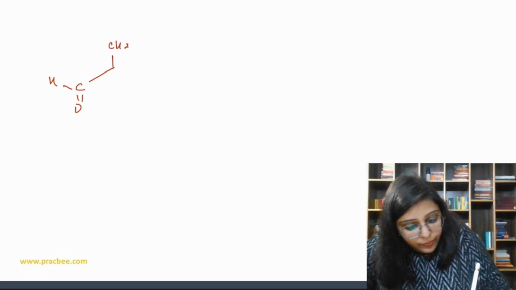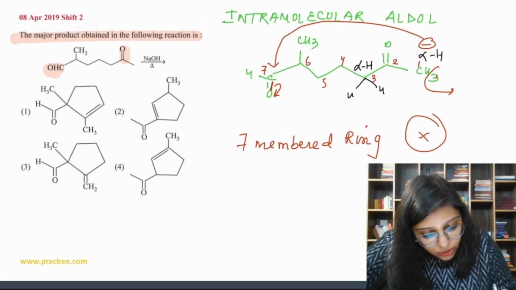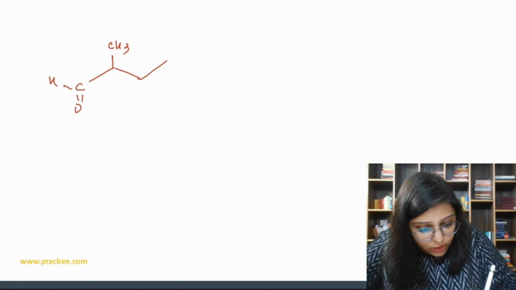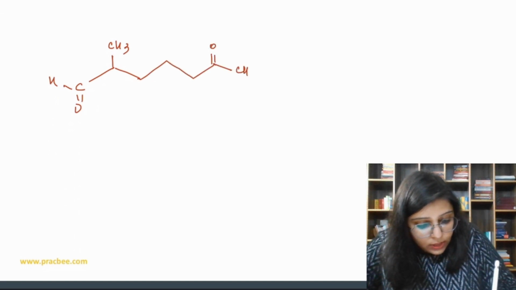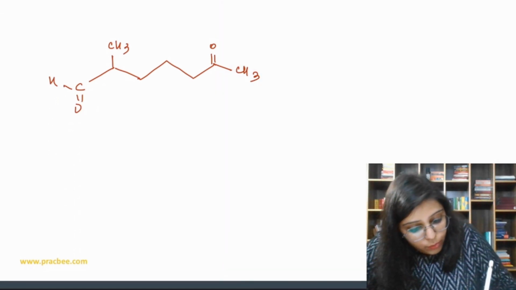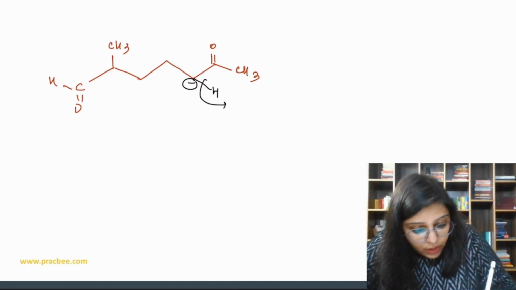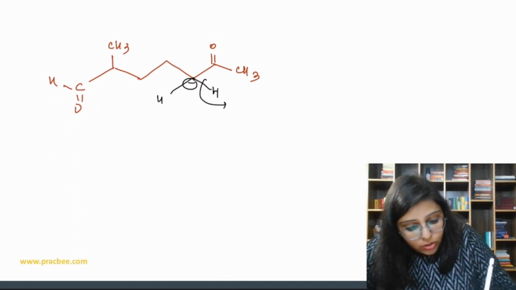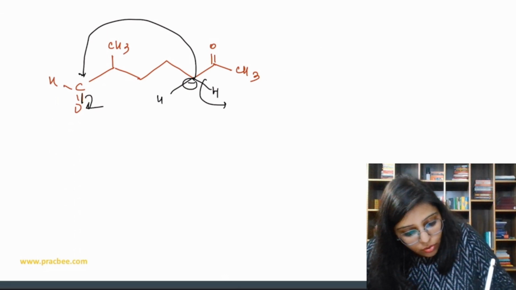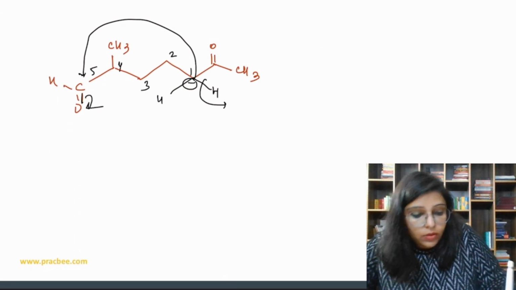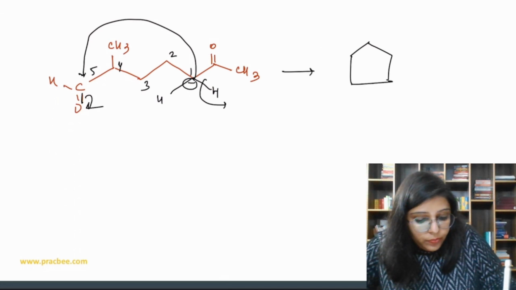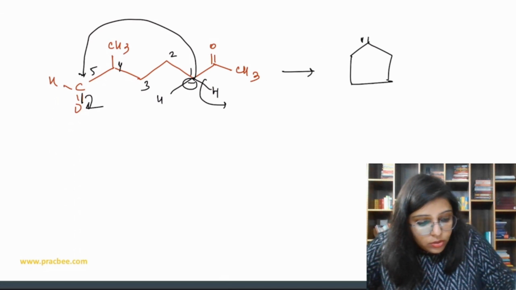So let me write again. So we have C double bond OH, then we have CH3, CH2, CH2, CH2, CH2, CH2, CH2, then C double bond O, CH2. Now I am going to remove hydrogen from here. Okay, so negative charge. Now let's do the attack. 1, 2, 3, 4, 5. So we have 5 membered ring formation. If this is the first carbon, it is bonded to double bond O, CH3.